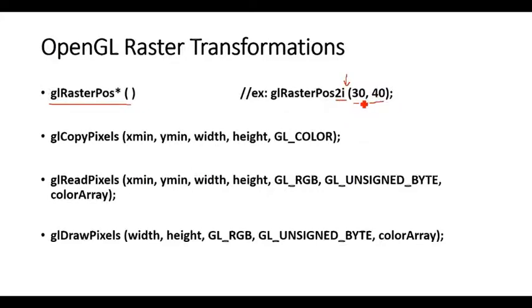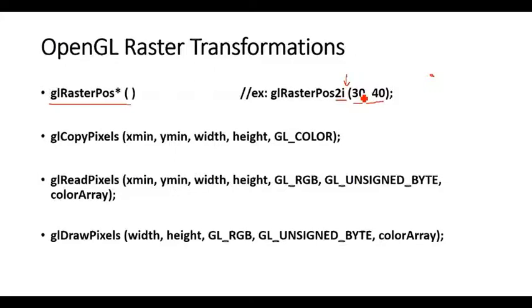This 30 and 40 would mean the x and y value of the pixel that we are talking about. So the current pixel in the frame buffer would be set to 30 and 40. Whatever manipulation you do in the frame buffer would be applicable at the pixel at the 30 cross 40 position. Imagine again the frame buffer as a two-dimensional array, and at position 30 comma 40 it would go and do that operation.